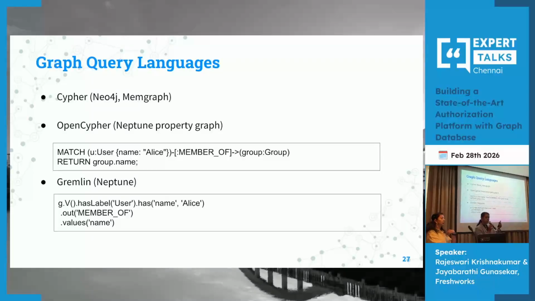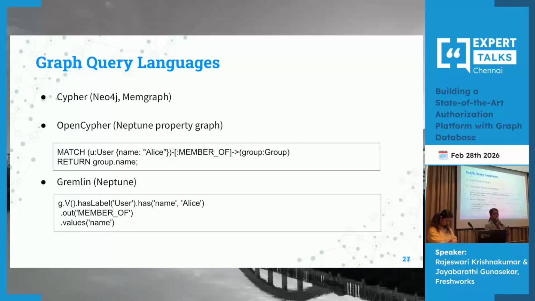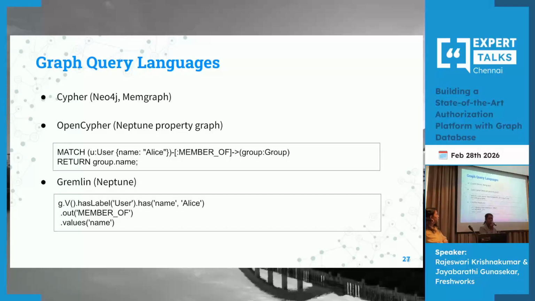So that will be the edge that it will traverse and it will locate the list of group nodes. In case of group, we have not mentioned any identifiers. So it will locate all the group nodes that are associated with the user node using the member of relationship. That way we will be able to get the list of groups that user Alice is a member of. So this is a simple example.